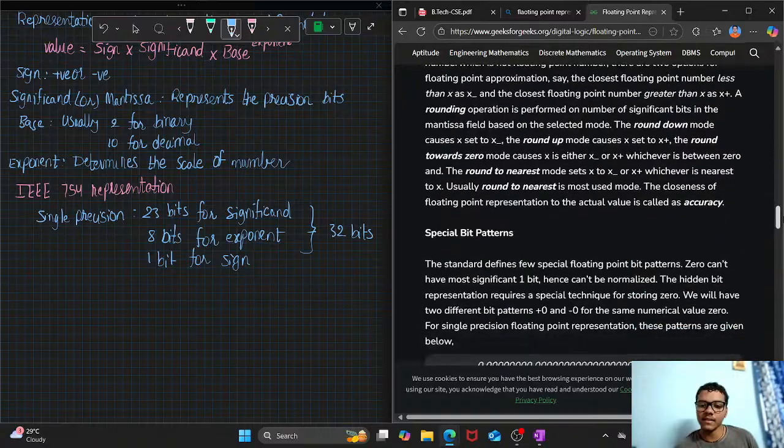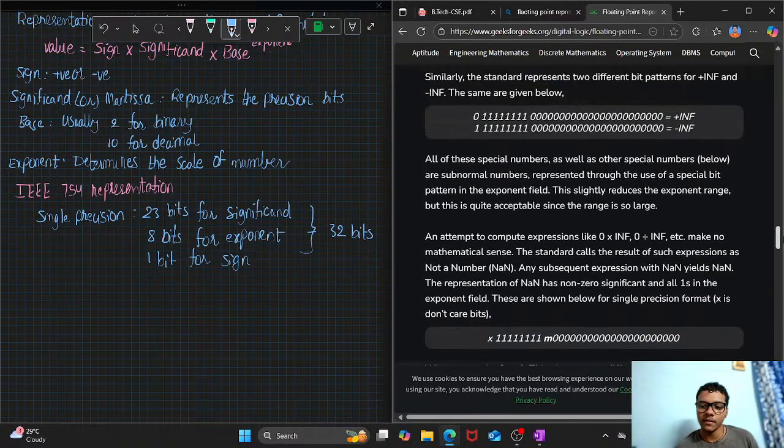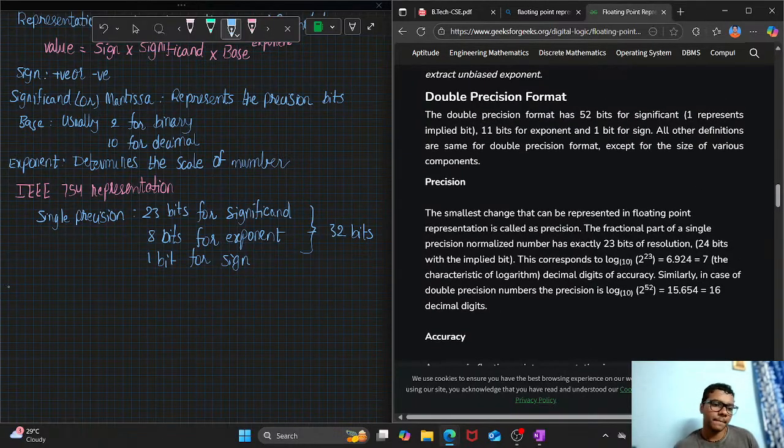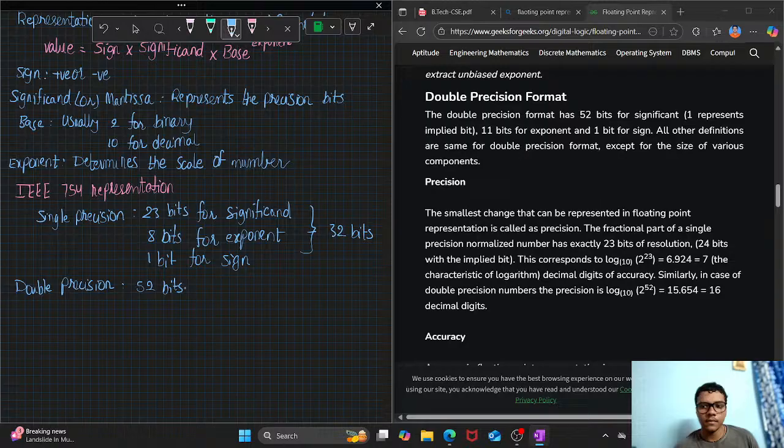And there is double precision as well. How is it here? For double precision, I think it will be 52 bits for significand, 11 bits for exponent, and 1 bit for sign.